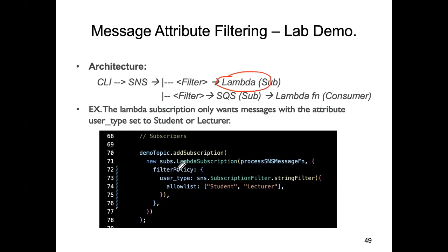But in this case, this is attribute-based filtering. What you do inside here is describe what you're looking for in the attributes. Here we're looking for an attribute called exactly user underscore type, and the type of filter that we want to apply to it is a string filter.